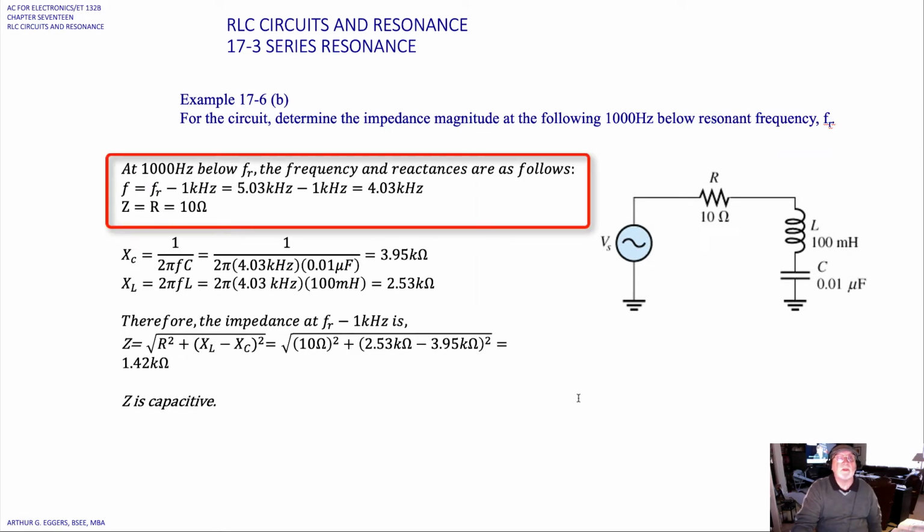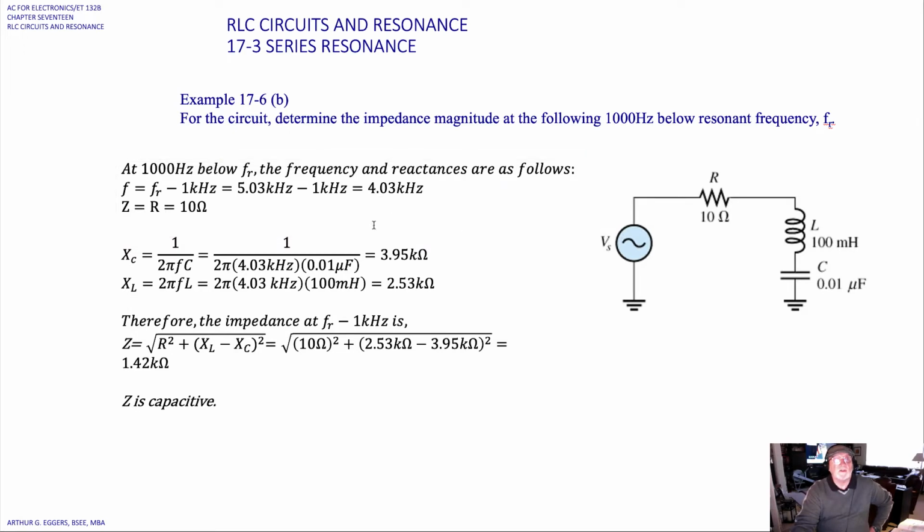The next step says for the circuit, determine the impedance magnitude at the 1,000 below resonant frequency mark. At 1,000 below resonant frequency, the frequency and reactance are as follows. We calculate the resonant frequency minus 1,000 hertz, and we get a value of 4.03 kHz.